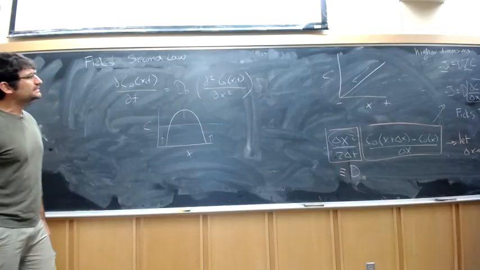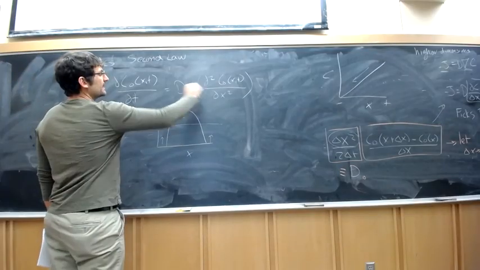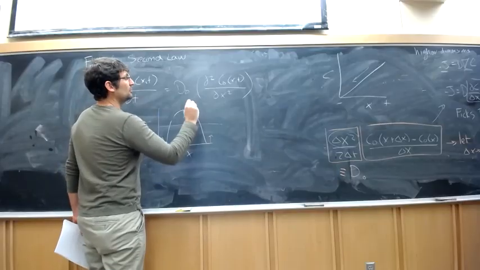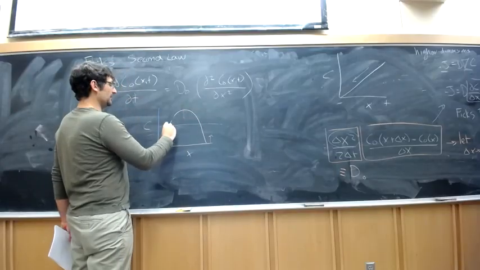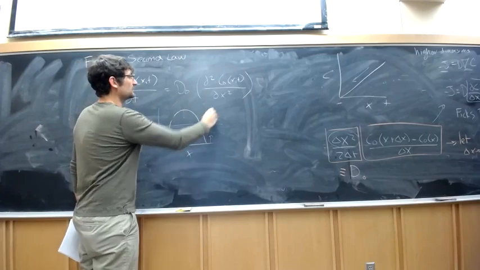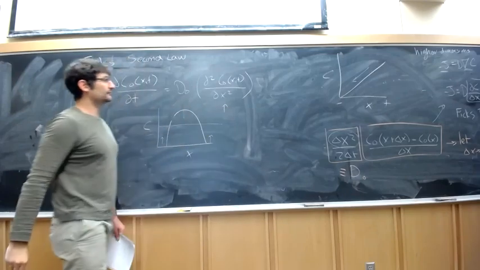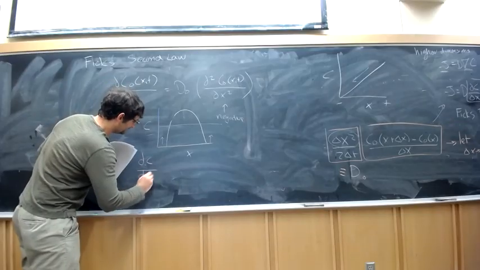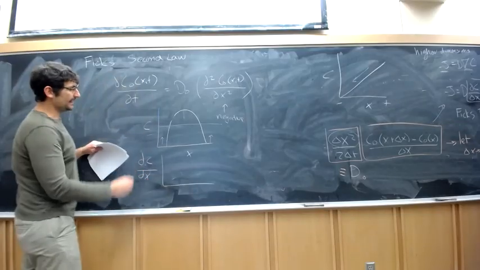So this is actually telling you that. What's the second derivative here? Is the slope changing with position? Slope here, here, here. The slope is continually decreasing. So is this term positive or negative? This is negative. If I plotted dc/dx, what does it do?